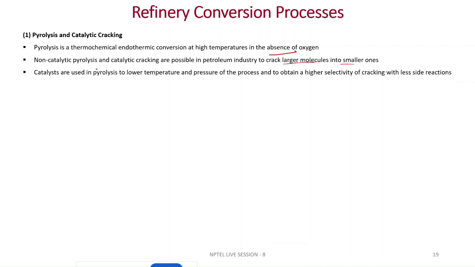Catalysts are used in pyrolysis to lower the temperature. The purpose of using a catalyst is to lower the temperature and pressure of the process to obtain a higher selectivity of the cracking with fewer side reactions.